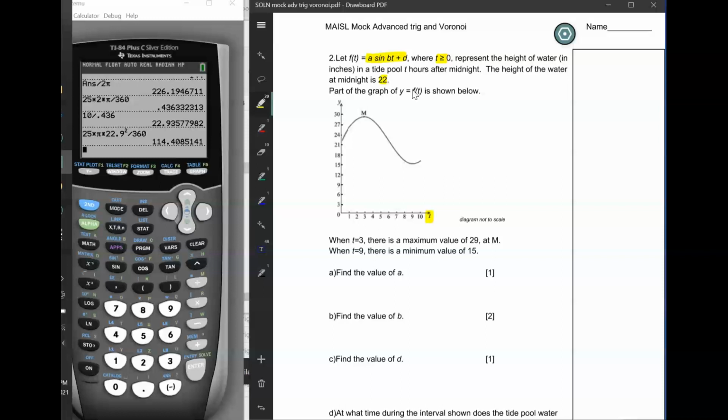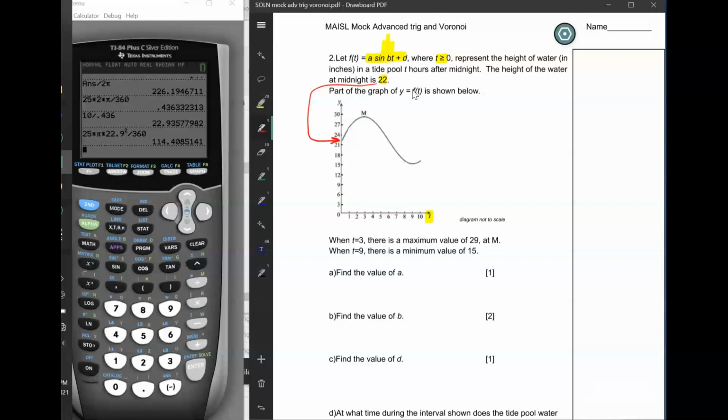T stands for time. So here we have obviously a sine curve, and here's our model. What we're going to do is try to figure out what a, b, and d are to fit this model based on what they told us. They already told us one important clue, which was that at midnight, which is time 0, the height of the water is 22.